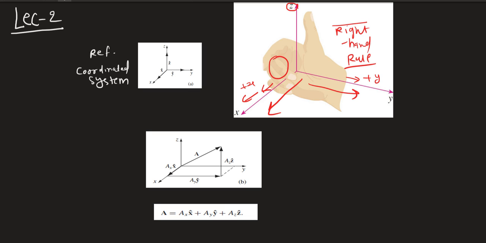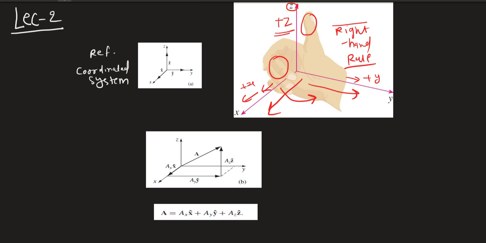You just curl around your fingers into the direction of plus y direction. Then the direction of your thumb would be the direction of positive z direction. So that is the right hand rule, or this coordinate system is also called right-handed coordinate system.